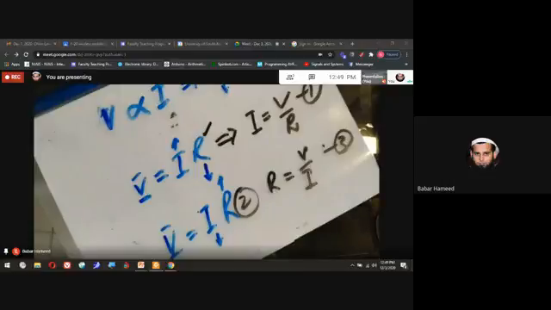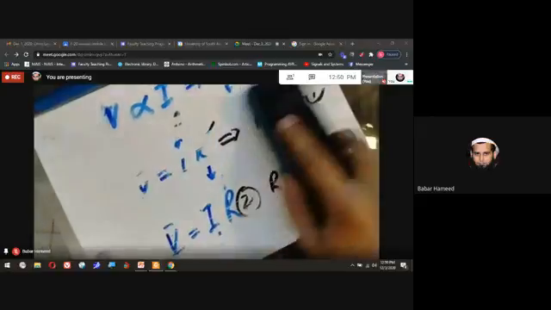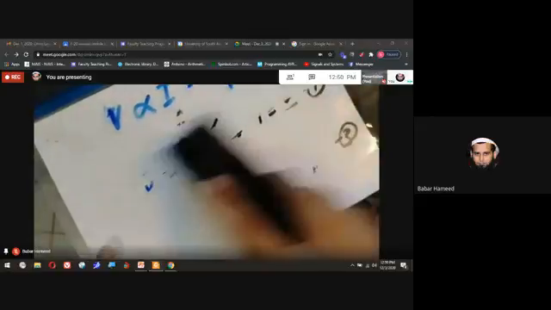Linear means that if one of the quantities is increased or decreased by a certain percentage, the other will increase or decrease by the same percentage, assuming that resistance is constant in value. This doesn't mean that the value will be exactly the same. I have to make a simple example here.